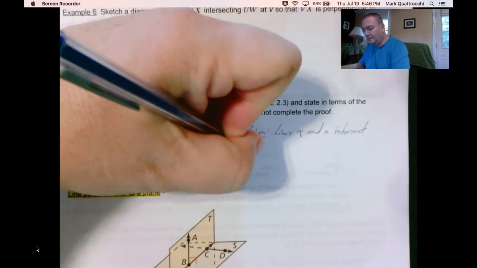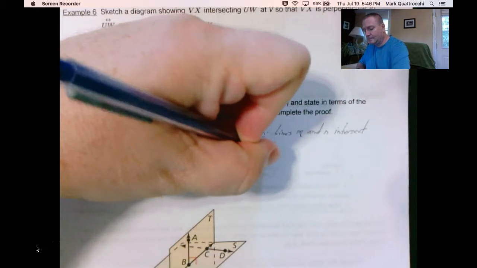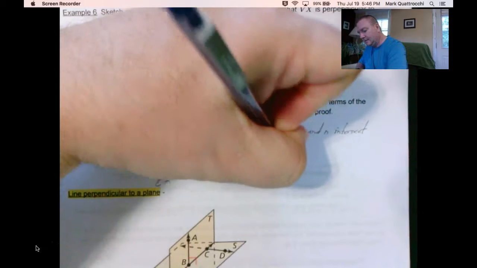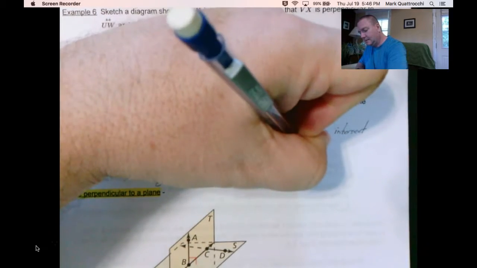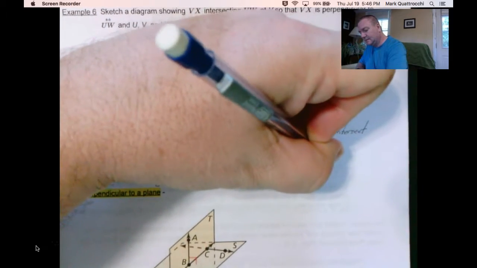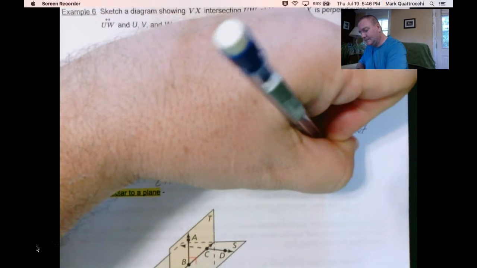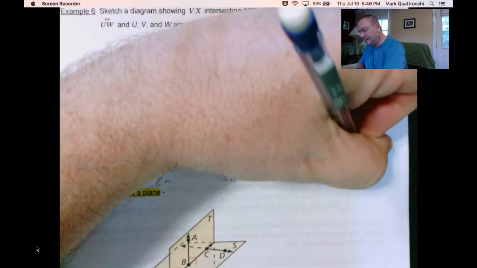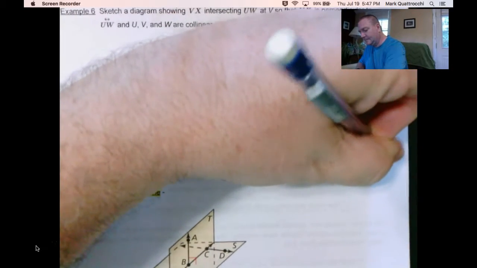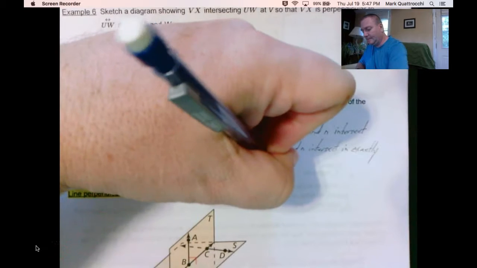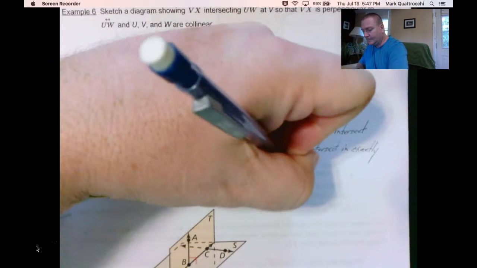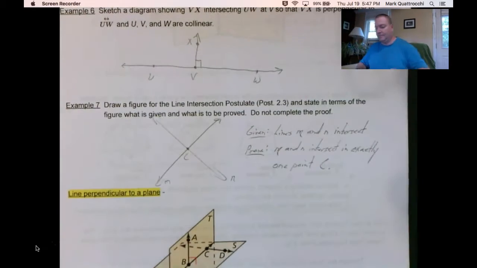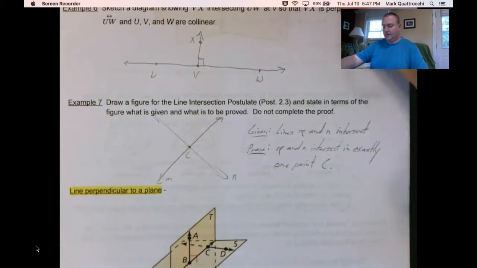We want to prove that M and N intersect in exactly one point, C. Okay.